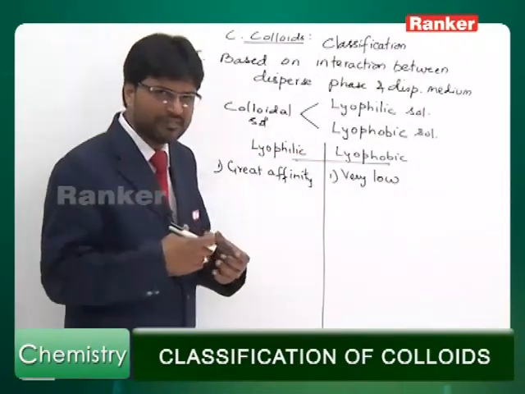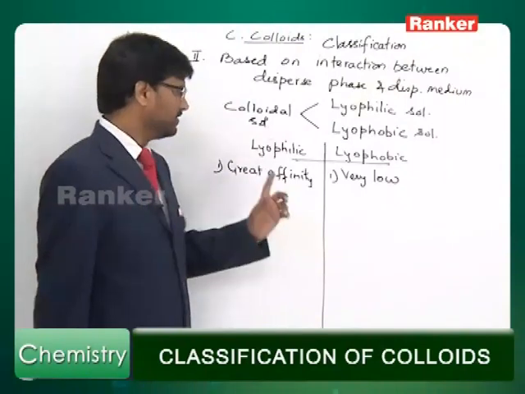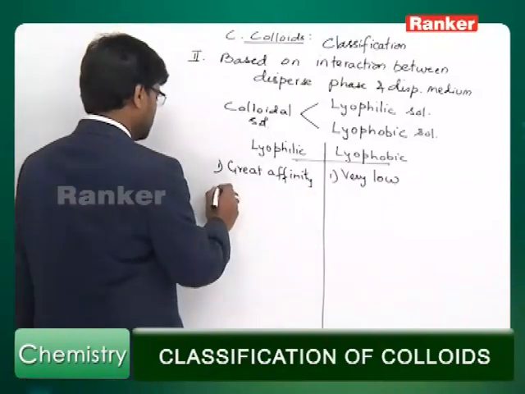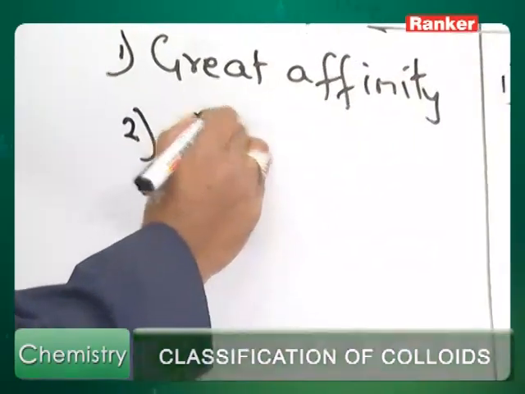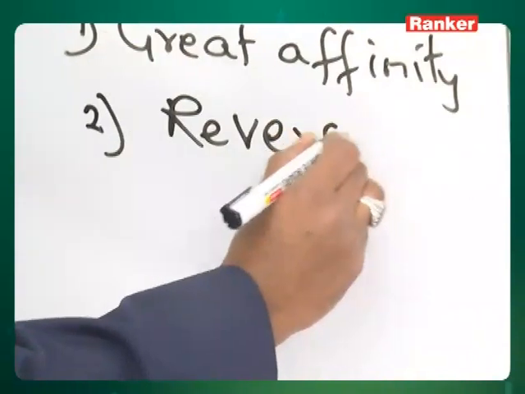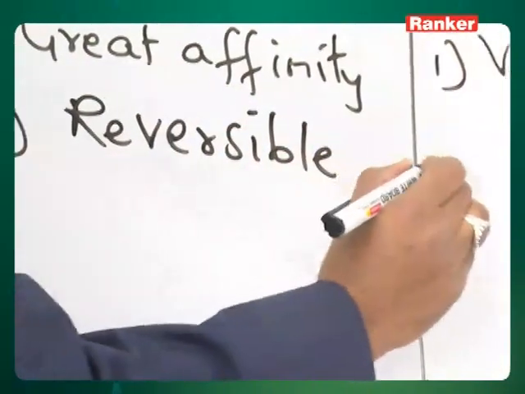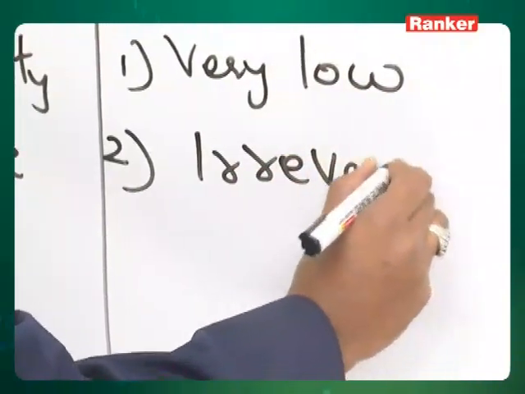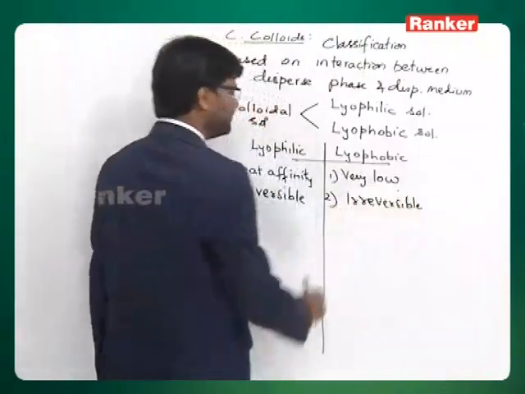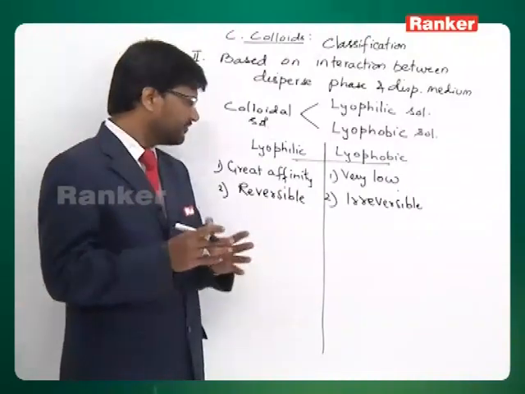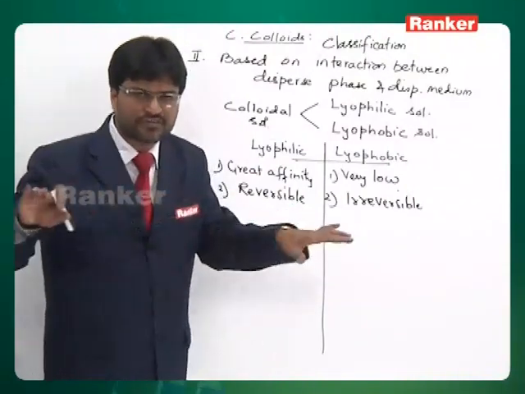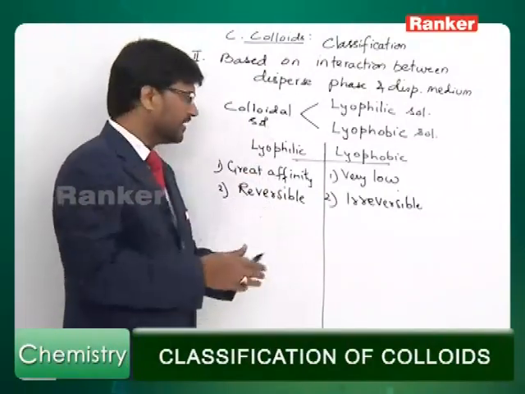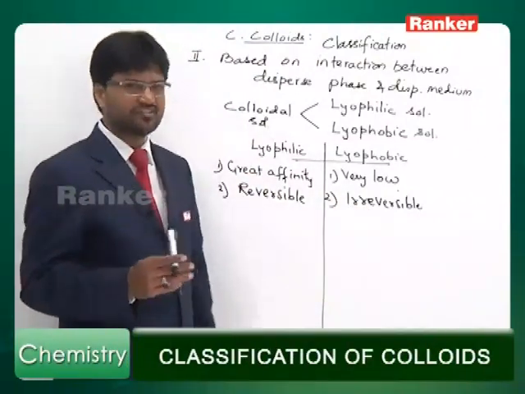In lyophilic, disperse phase and dispersion medium attract each other reasonably well. In this case, the attraction is very less. Lyophilic sols are reversible, whereas lyophobic sols are irreversible. That means if the sol separates into disperse phase and dispersion medium, again shake it, it will regenerate, whereas this cannot be regenerated by shaking.